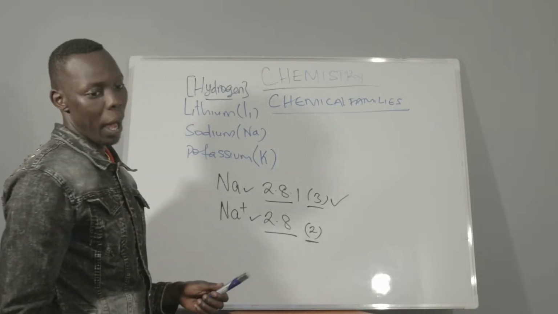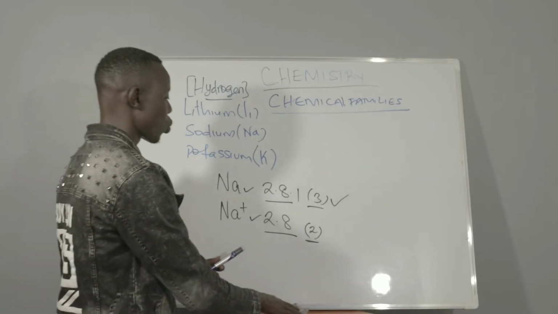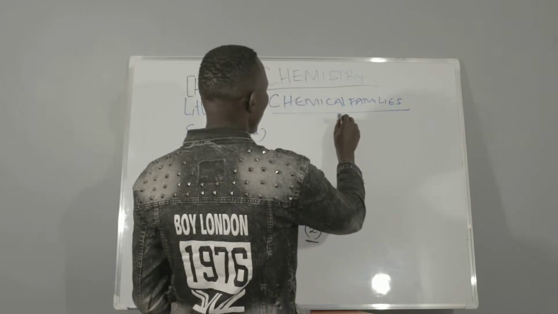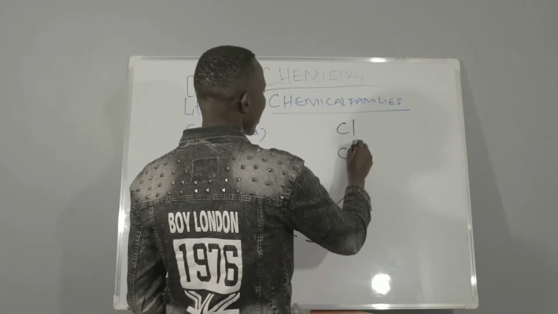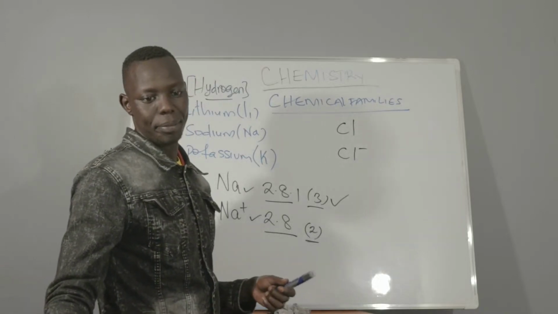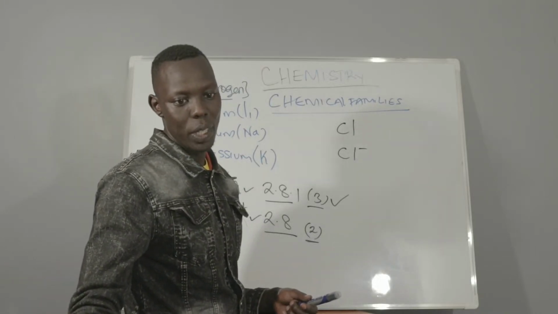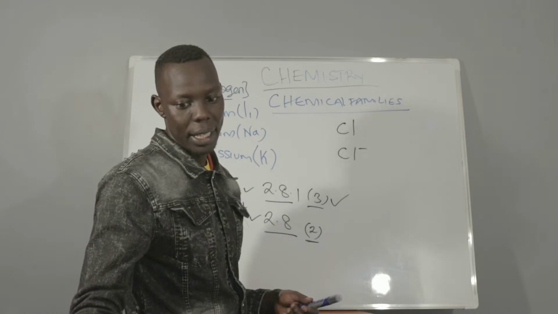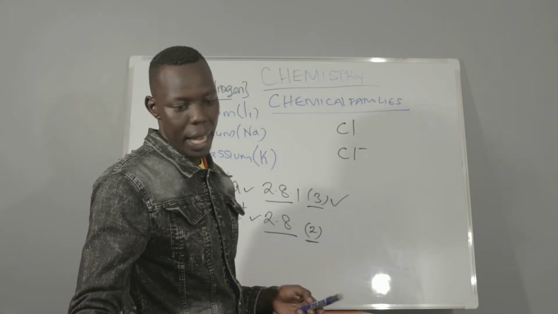It's out of our topic today, but it's good I explain it once. We have chlorine atom and chlorine ion.